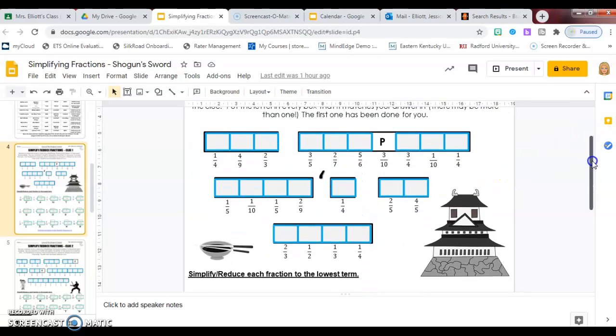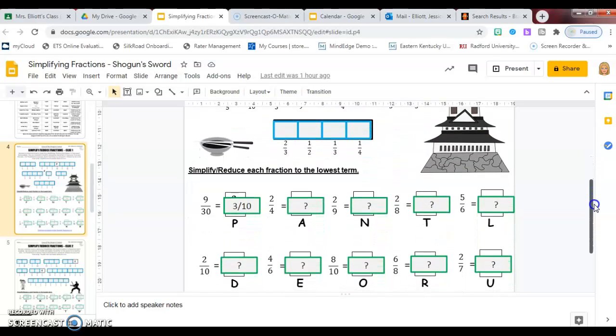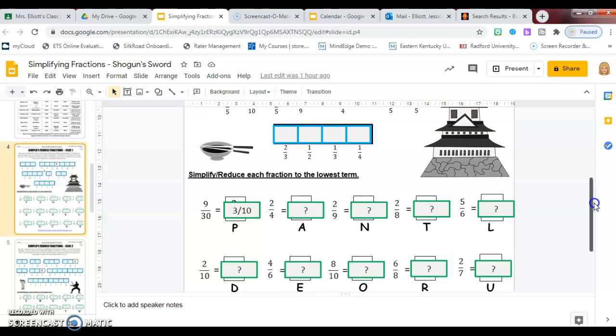So for example, down here, this is the first one that it's talking about. It has 9/30. Okay. Now I can reduce that because remember, when we reduce, we divide the numerator and denominator by the same number until we can't do that anymore.